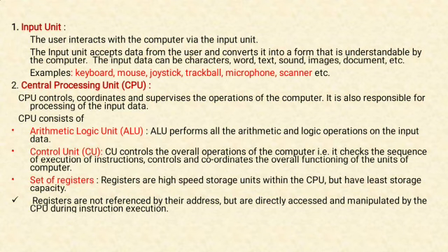The control unit plays a very important role in executing the 10 instructions in sequential order. The control unit passes the control signal for the first instruction. Once the first instruction is executed, the control signal will be shifted to the next instruction. Like this, it plays a very important role in executing the instructions in sequential order.